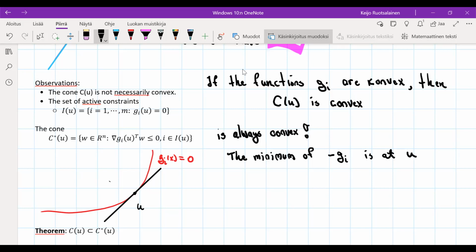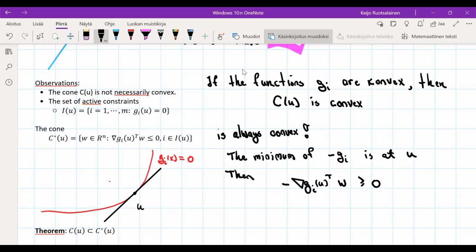It says that minus gradient of gi at u with any direction into the constraint set is like this. We are just increasing the values of the function when we go inside.